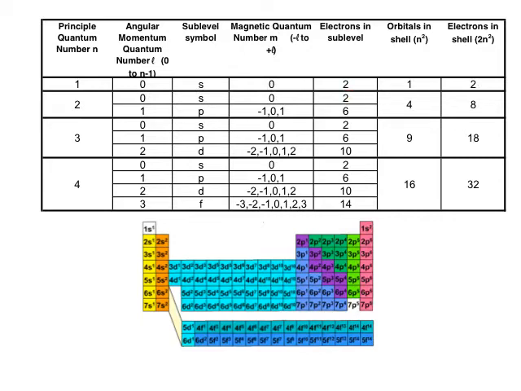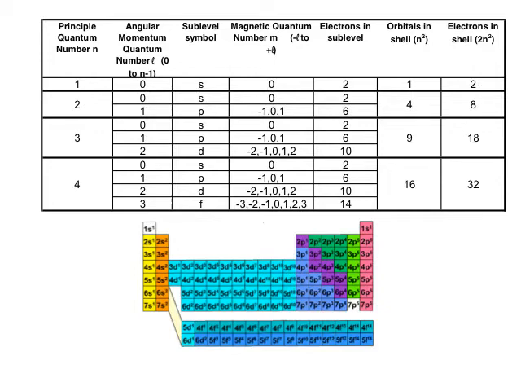But my P-shaped sublevel now can have values negative 1, 0, and 1, because we're going negative L to positive L. So that means 3 different orbitals in a P sublevel, put 2 electrons in each, means my P can hold 6, which is why this part of the periodic table here is 6 elements wide, because there's space in a P sublevel for 6 electrons.